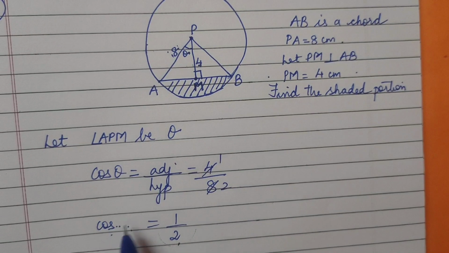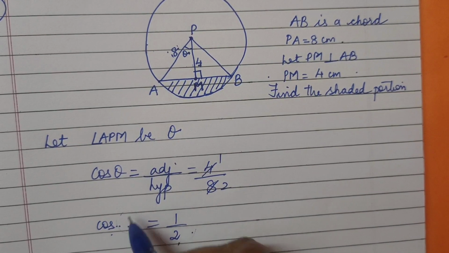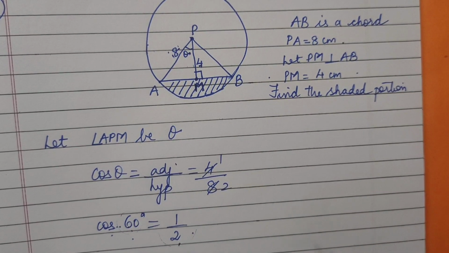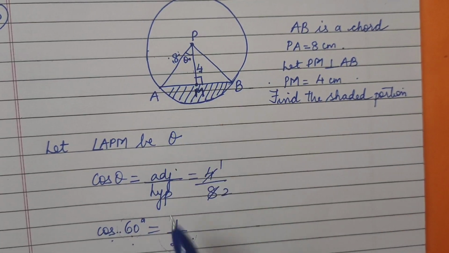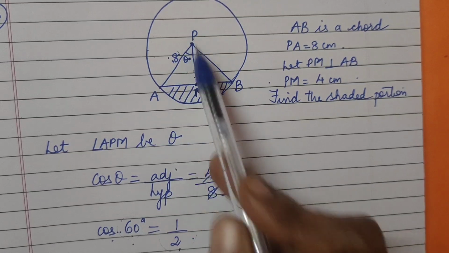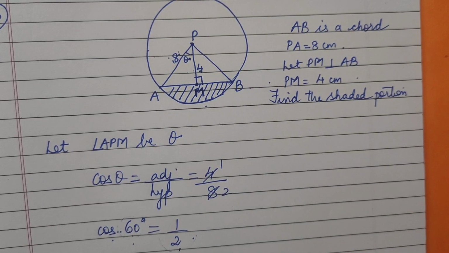I repeat, cos of which degree will have half? That is 60 degree. So we have found out that theta is nothing but what dear? 60 degree, we got it. That is APM is 60 degree.